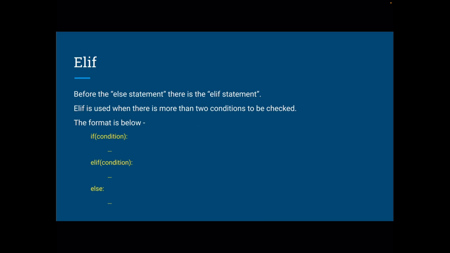So first you would have the if statement with your AutoTab, and then you would have the elif with the condition, and then you would just have the else. In else statements, you do not need to put a condition. And I think it still works if you do, but usually there is no condition.